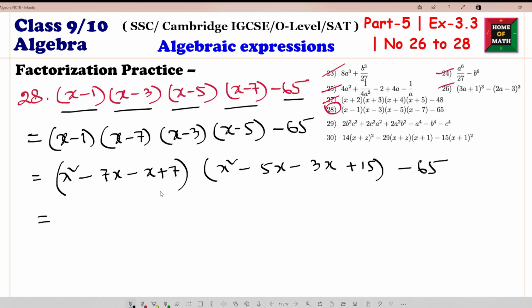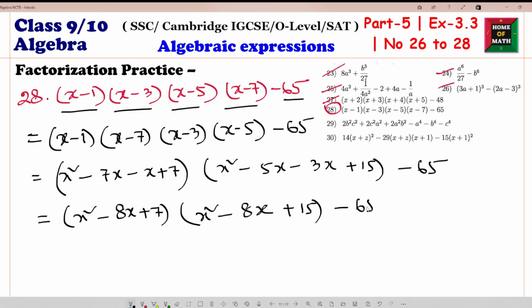So here is also a common thing, which is x square minus 7x and minus x, it should be 8x, and here is plus 7, and here is x square minus 5x and minus 3x, it will also be minus 8x plus 15 minus 65. So let x square minus 8x plus 7 equal m.